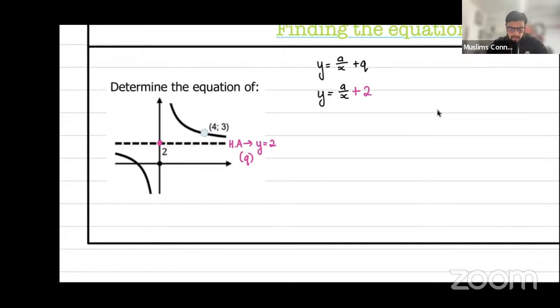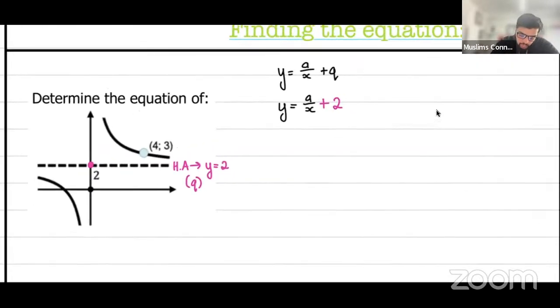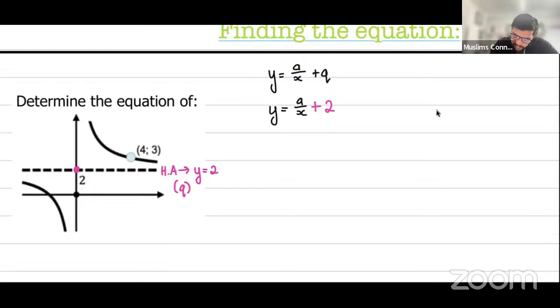Okay, so I'm back. We know part of the equation because this is the horizontal asymptote, q, so we can fill it into the equation as q. Now, what's left to solve for is a. How do we solve for a?